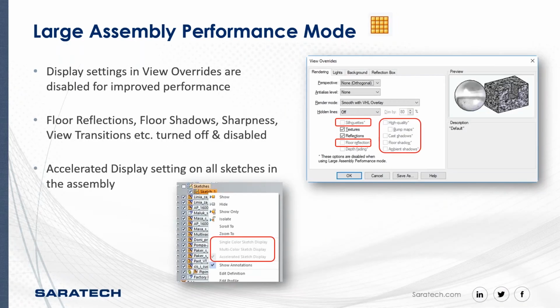So the display settings in the view overrides are disabled for improved performance. You can see here under the view overrides we've got the silhouettes and the floor reflections. Because if I've got a very large assembly turned on, some of your floor reflections, floor shadows, the sharpness, and the view transitions are all turned off and disabled.